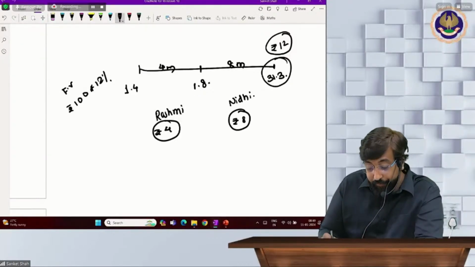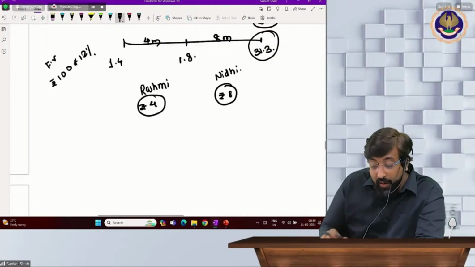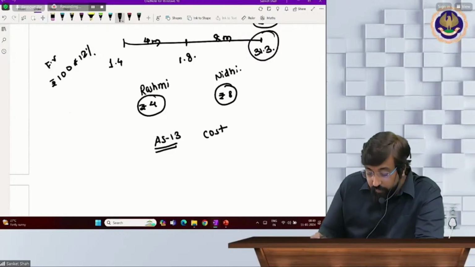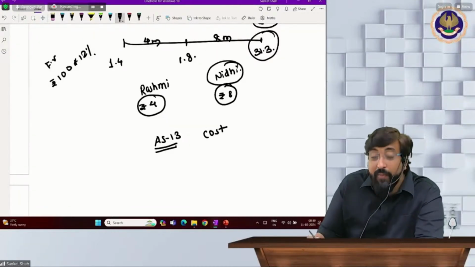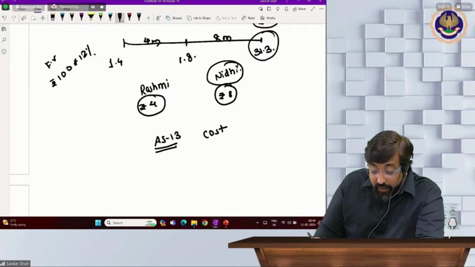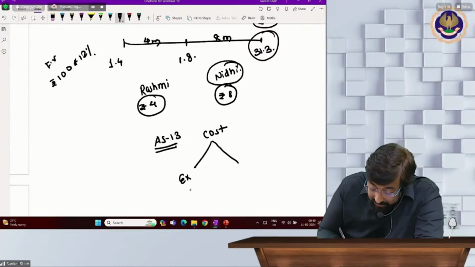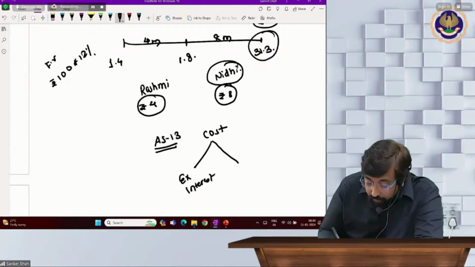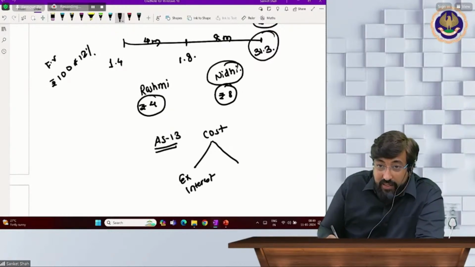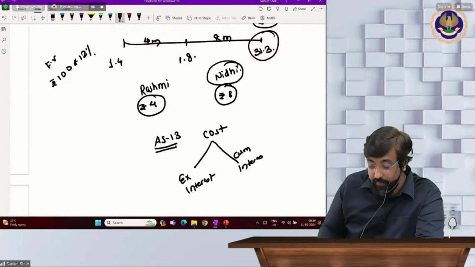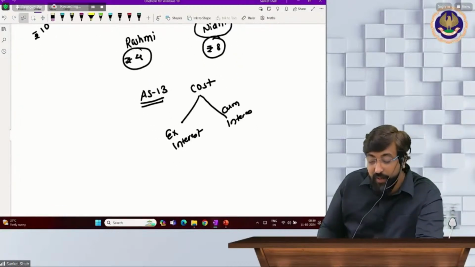Correct, hai beta? And therefore, accounting standard 13 talks about that your cost means when you buy your debenture from Rashmi, you quote the price either ex interest or cum interest. Now, what is ex interest price?